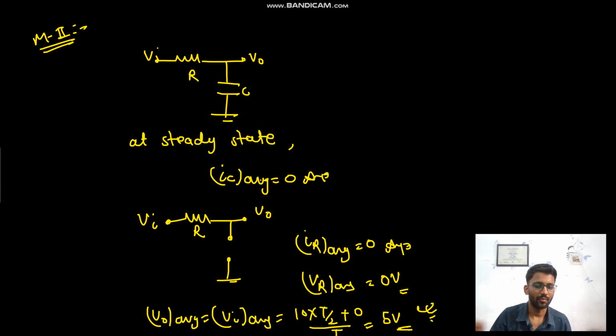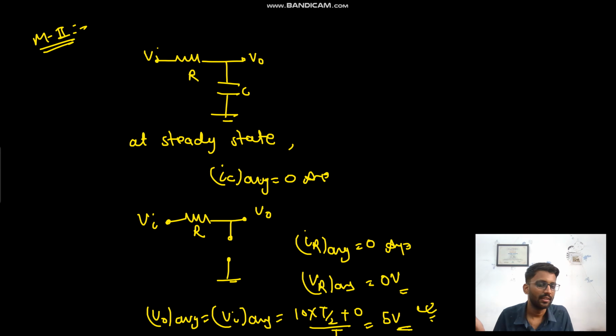Let us assume we have 30% duty cycle. The peak value of input is 10 volt. They have asked the average output voltage of capacitor at steady state. So what will be the answer? Answer will be 3 volt.